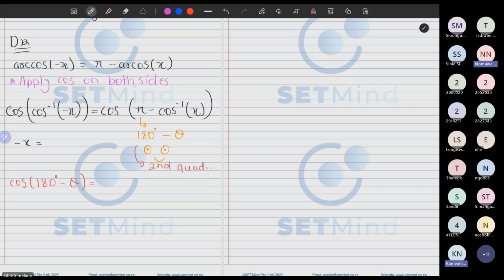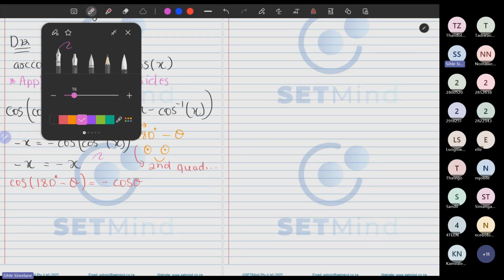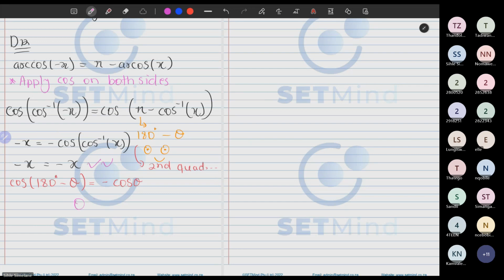Negative cos theta. Yes, cos is negative in the second quadrant. So here we will have negative cos of the angle arc cos of x. And what is cos of arc cos of x? It will be just x, but when you multiply by the negative, it becomes negative x. So we are done.